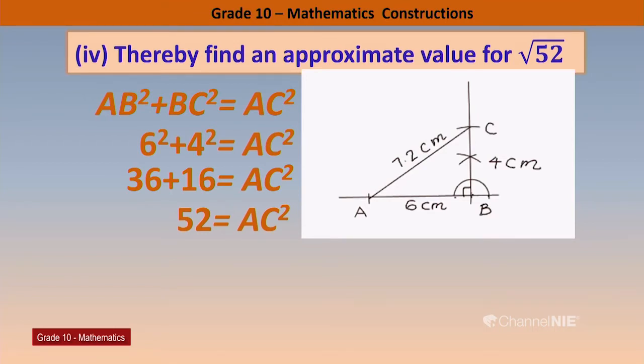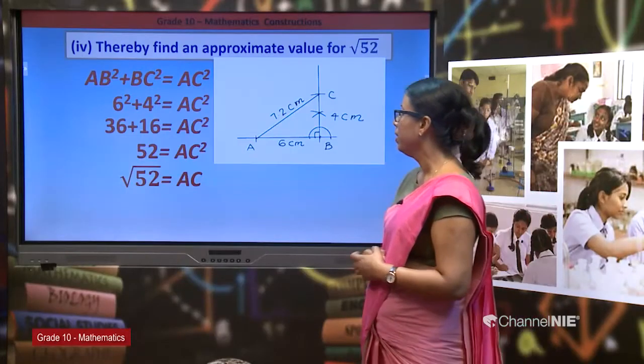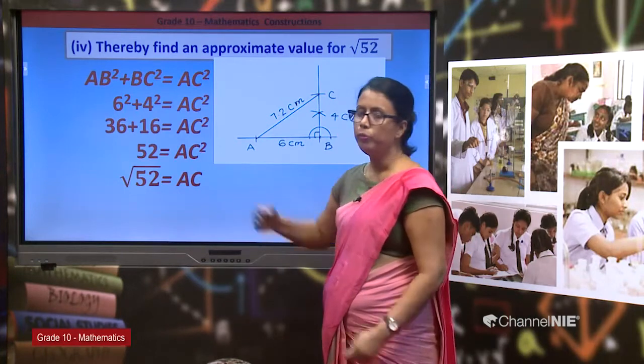How can we get the square root of 52? By taking the square root of both sides. Let us take square root of both sides. Square root of 52 equals AC, not AC squared. Right. According to Pythagorean's theorem, we found AC equals square root 52.